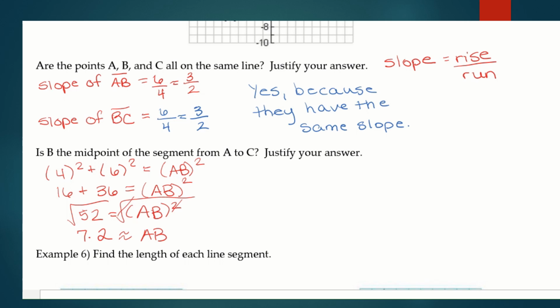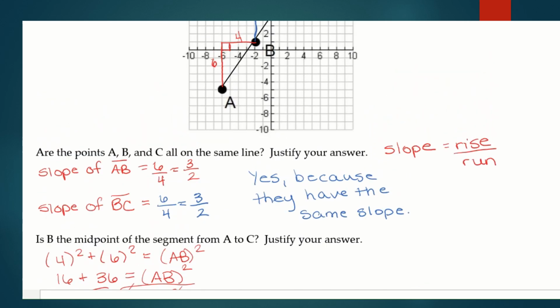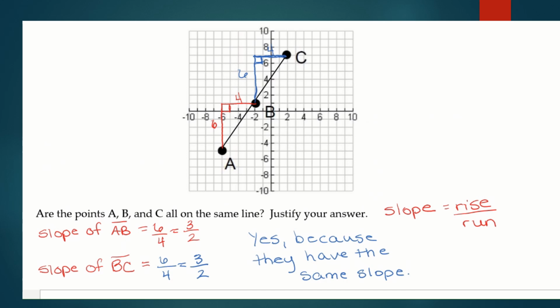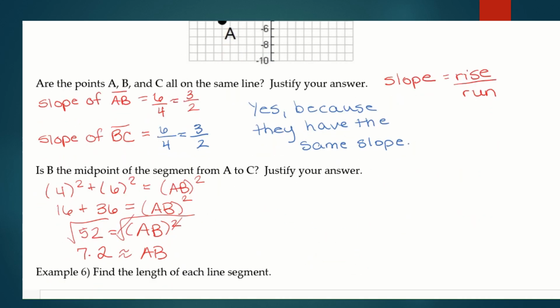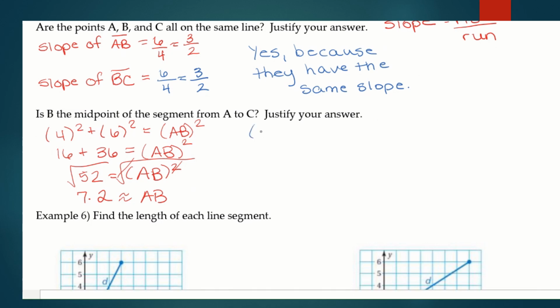Now if we take a look, you'll notice that in our triangle, if I start to find the length of BC, I'm using the exact same leg values. I have a leg that is a length of 6 and a leg that's a length of 4. So if I plug this in, I'm going to end up plugging in the exact same equation here.